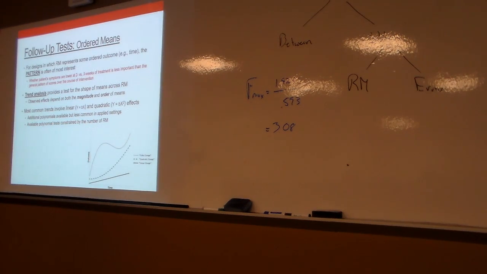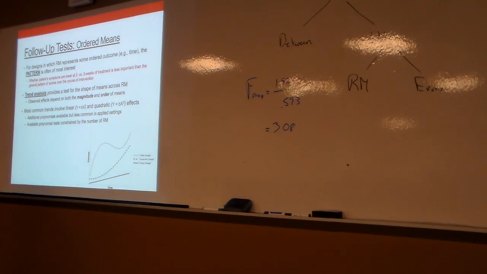Okay. All right. So if we're going to do specific tests for repeated measures ANOVA designs, if I have ordered means, one way I can do this, and this is often going to be advantageous, it's not necessarily the individual comparisons, it's the overall pattern that's the more interesting piece of things, right?